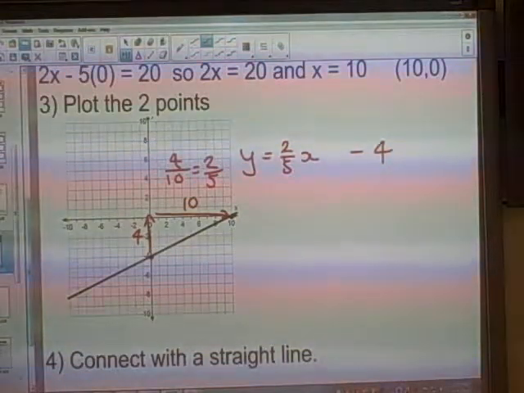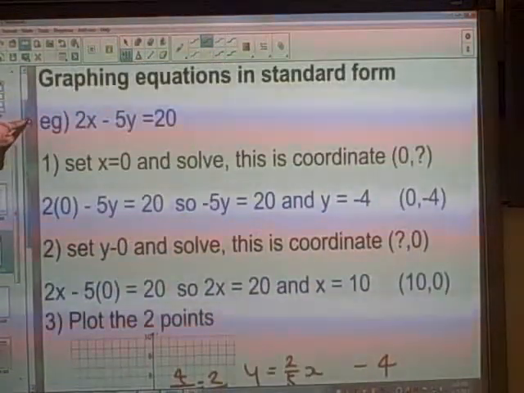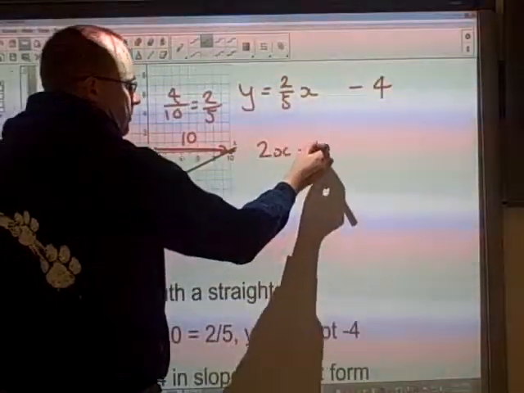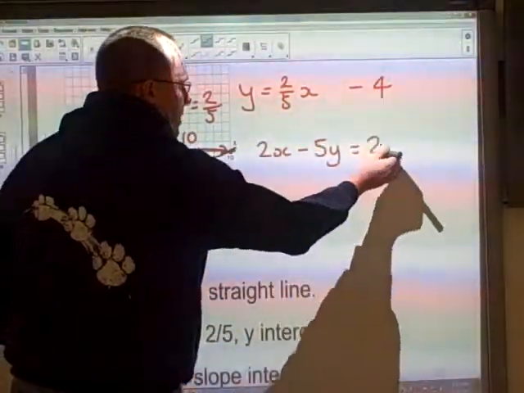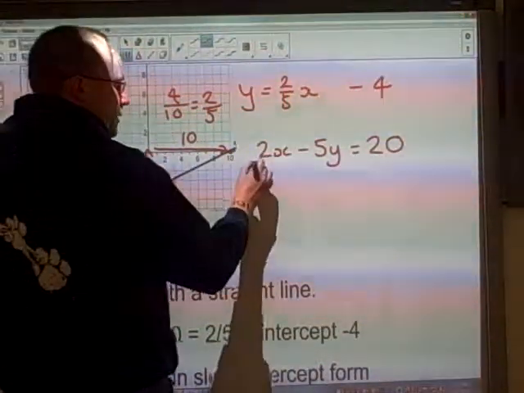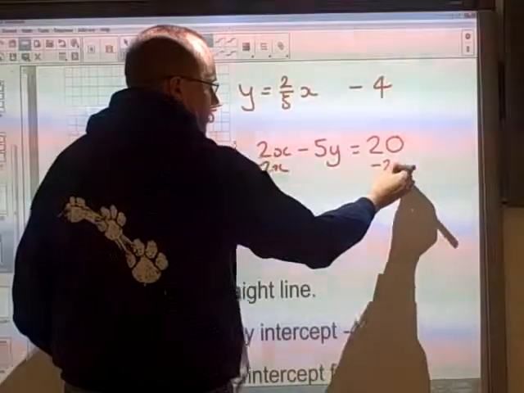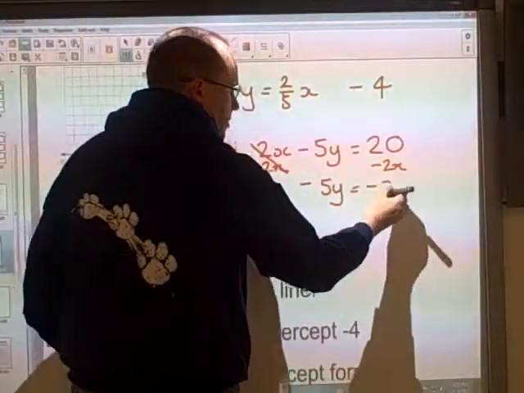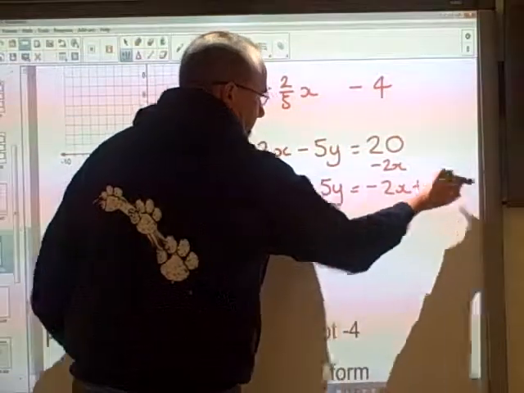Now actually that was something we had to do in a previous exercise as well. So if we go back to the original equation, 2x minus 5y equals 20, we could also check this by using a literal equation and solving for y. If I subtract 2x from both sides, I get negative 5y equals negative 2x plus 20.